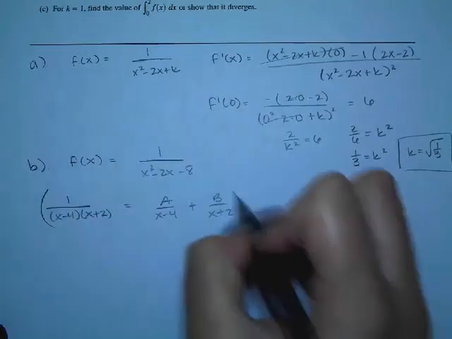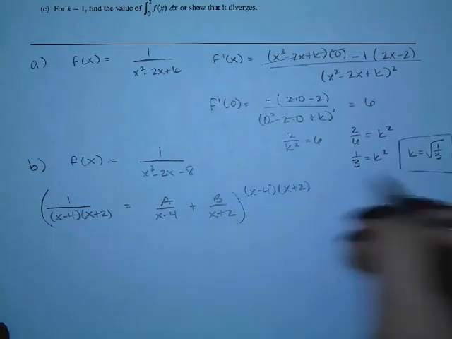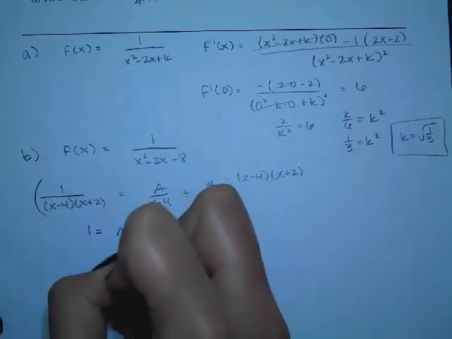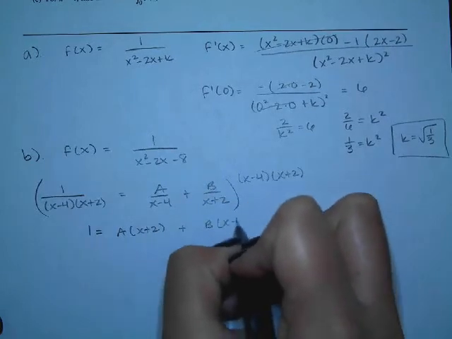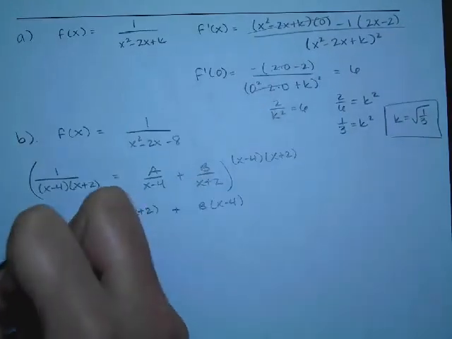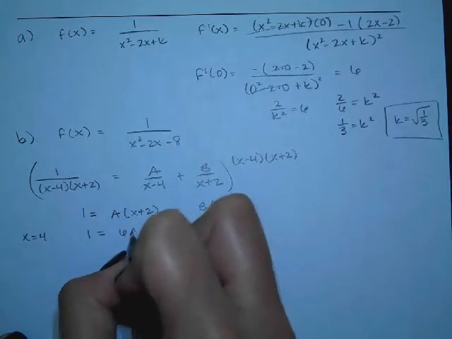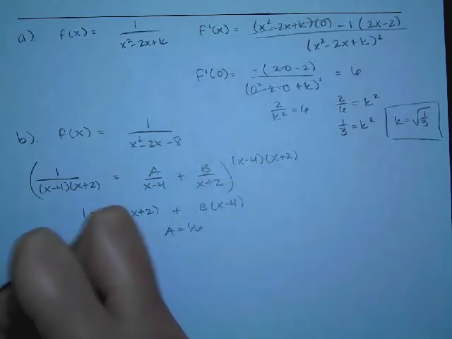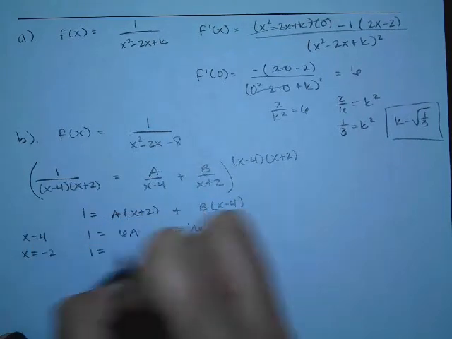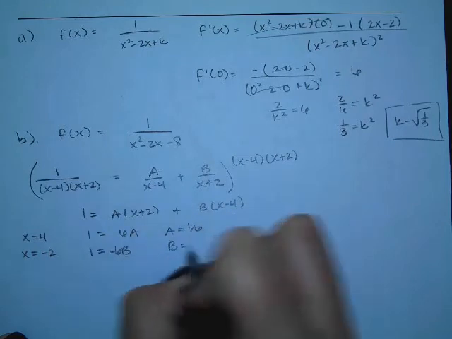And then if I multiply the whole thing by the denominator to solve for a and b, I get 1 equals a times x plus 2 plus b times x minus 4. If I use x equals 4, I get 1 equals 6a, so a equals 1/6. If I use x equals -2, I get 1 equals -6b, so b equals -1/6.